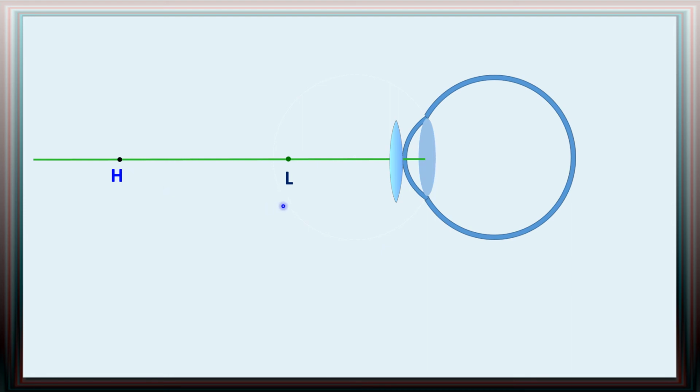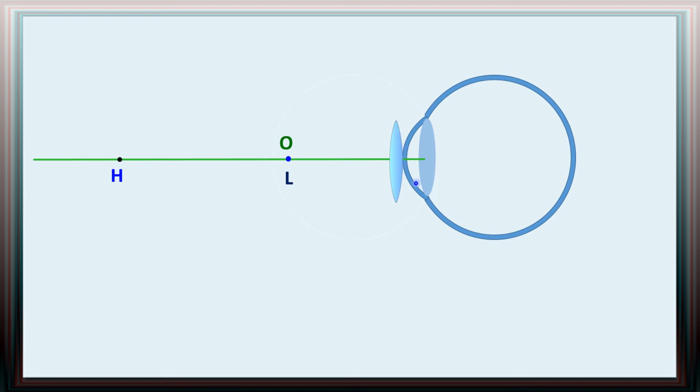Now I am going to place the point object O at L. So O is the point object. This is very important. The eye lens alone cannot form its image on the retina. That's why we are taking the help of this double convex lens.